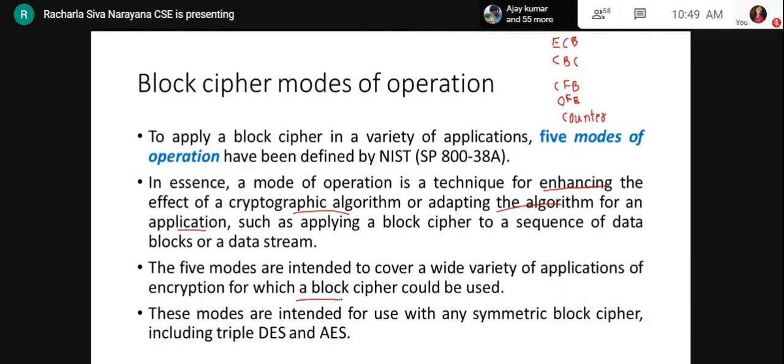These modes are intended for use with any symmetric block cipher, including triple DES and AES. We can apply them to DES, AES, and triple DES. Don't worry, we will discuss these five methods now.